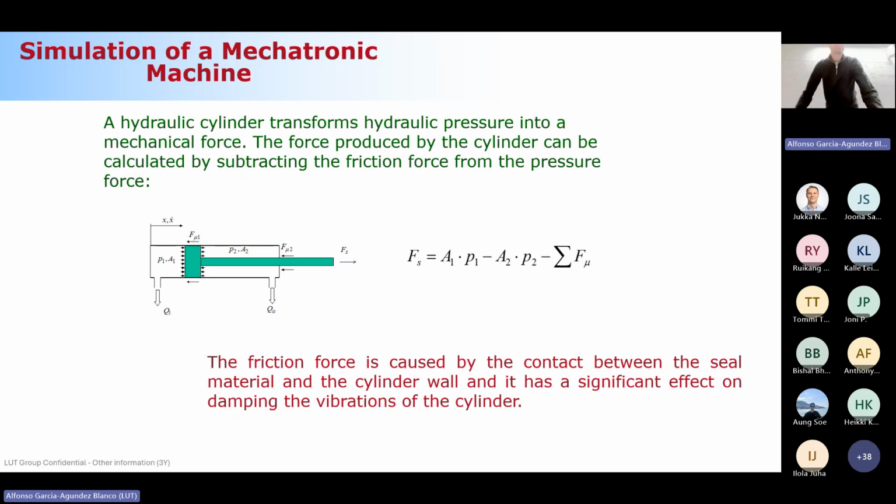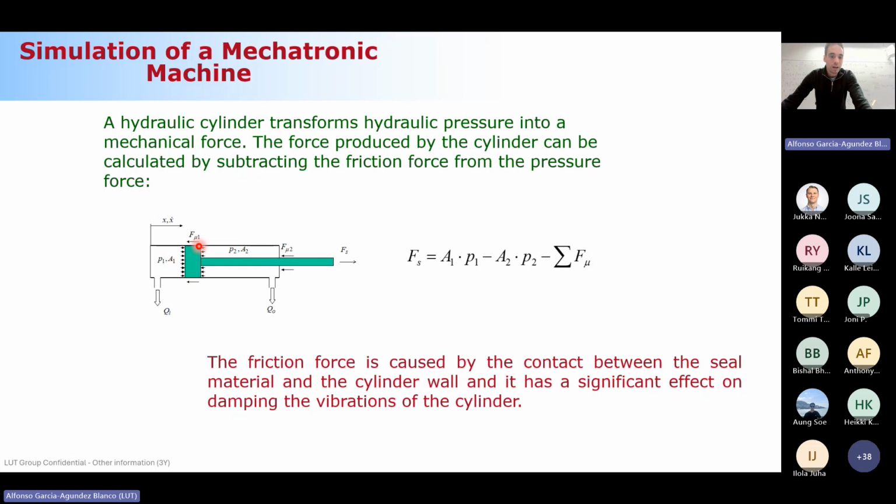Basically, the friction comes between the seal material that you can find in the walls of the piston and the rod, and the walls of the cylinder themselves.